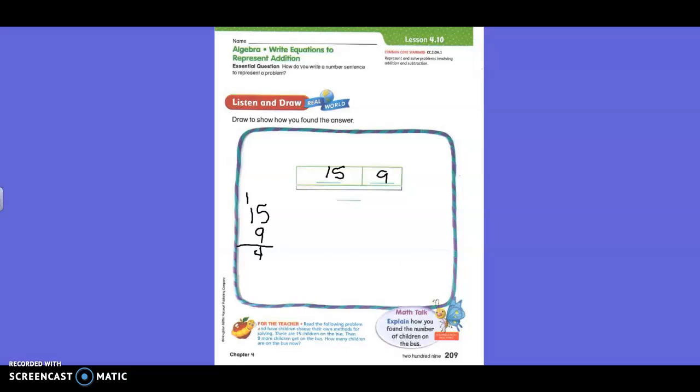Add the 2 tens. That makes it 24. So what goes right here? 24. 24 what? Do you remember what the label should be? Children. Okay, so write children.